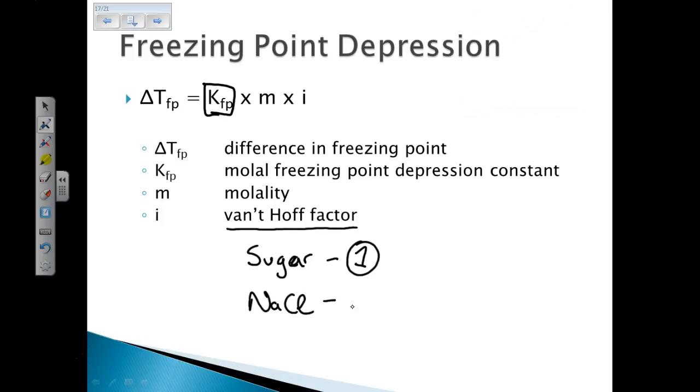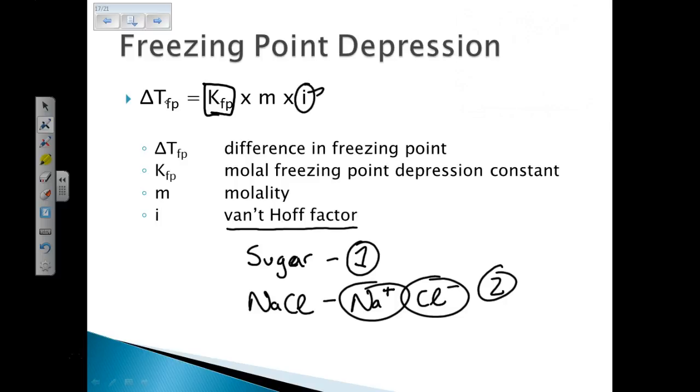That's a soluble ionic compound, which when it dissolves gives you Na plus and Cl minus. And so you have 2, so the Van't Hoff factor for sodium chloride is 2. So that's going to definitely affect the freezing point more than something with a Van't Hoff factor of 3.